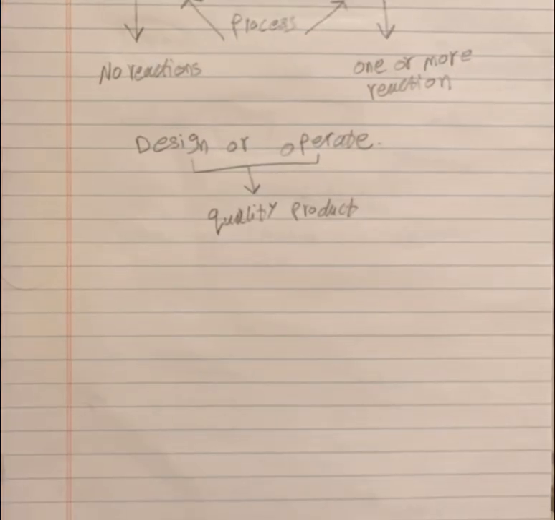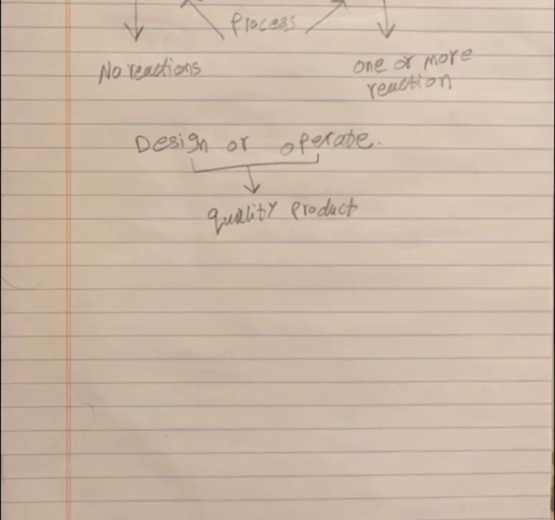And while the idea of producing large quantities of quality product is fascinating, you also have to consider the economic part. You don't want to use raw materials that are expensive to produce something not profitable. You don't want to design or operate something that does not consider the market trend.